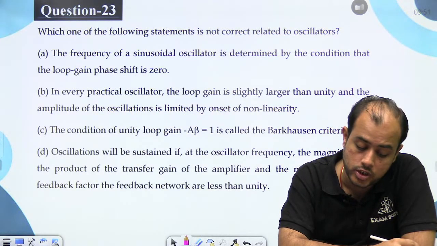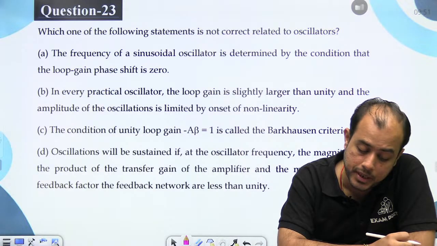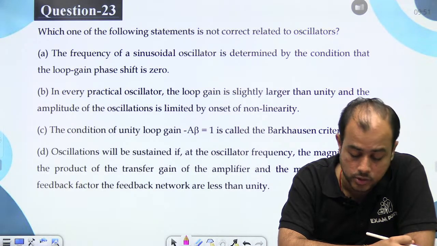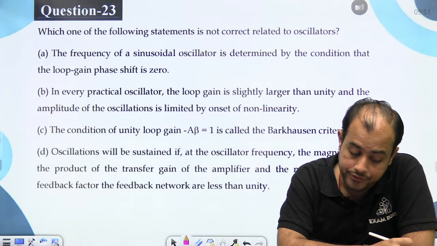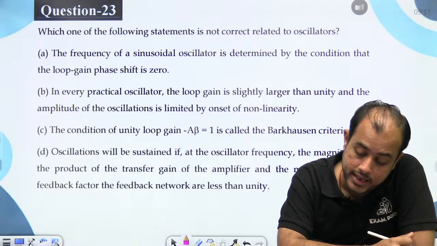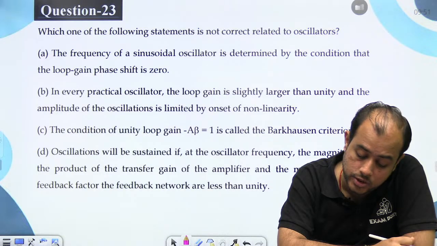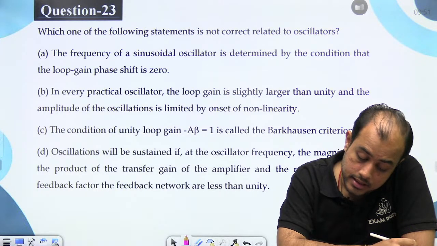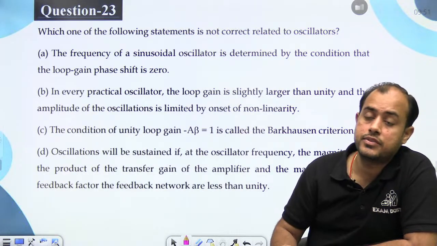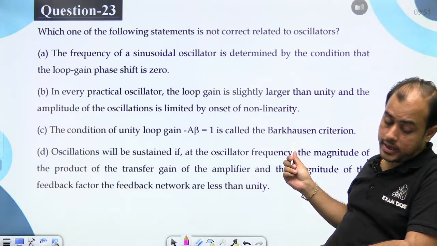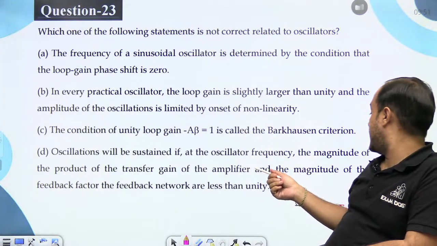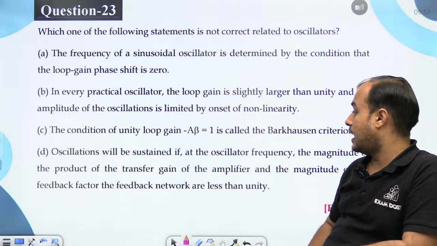ESE 2022, the frequency of a sinusoidal oscillator is determined by the condition loop gain phase shift is 0. Okay. In every practical oscillator, loop gain is slightly larger than unity and amplitude is limited by the onset of nonlinearity. Aβ equal to 1 is called Barkhausen criteria. Oscillation will be sustained if the oscillator frequency, magnitude of transfer gain and feedback factor are less than unity.